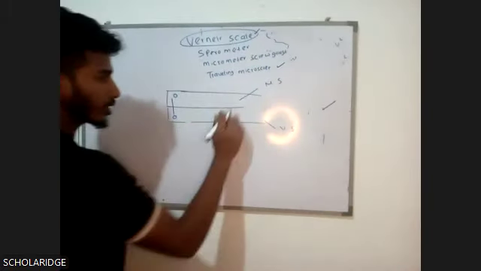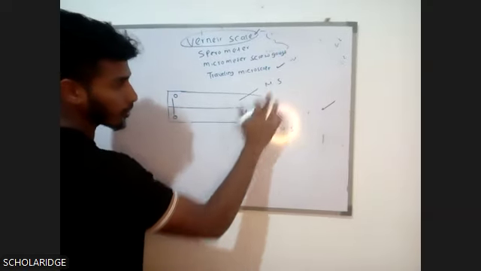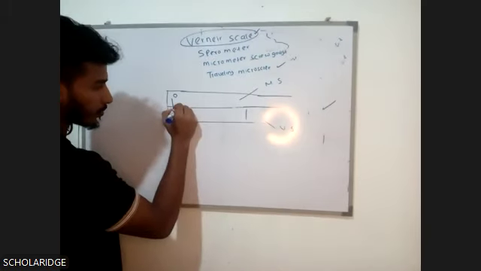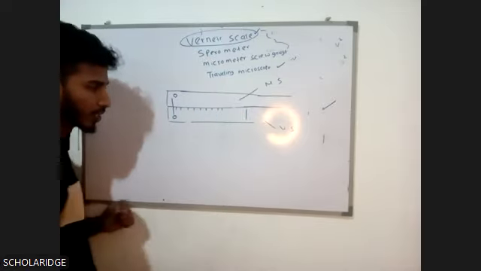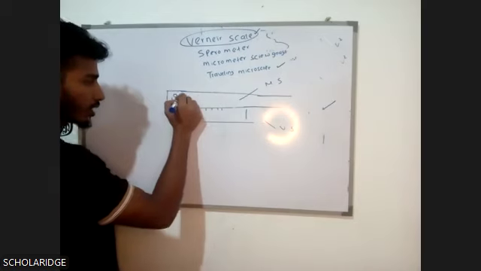Then, this vernier scale is much smaller compared to the main scale. There will be some small divisions in the vernier scale as well as in the main scale.